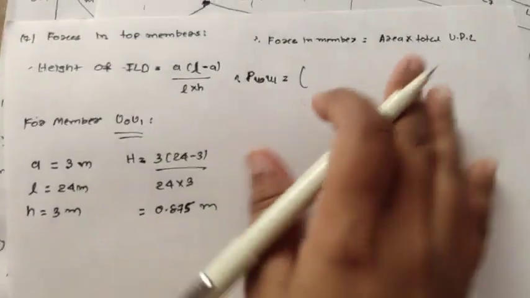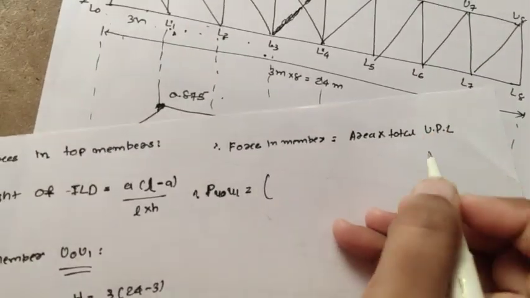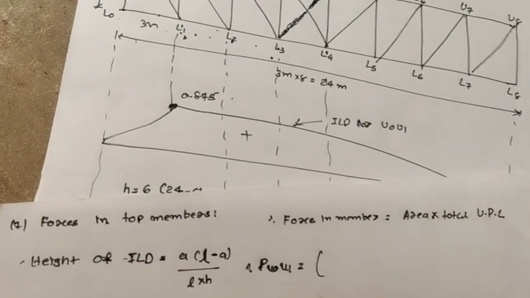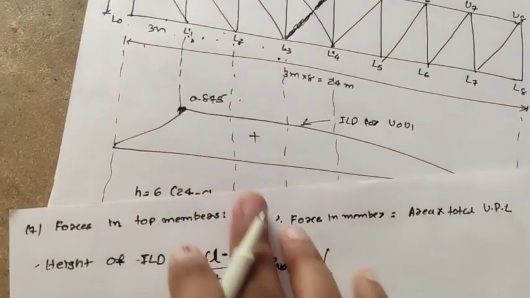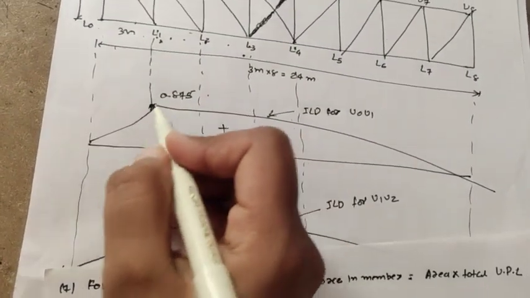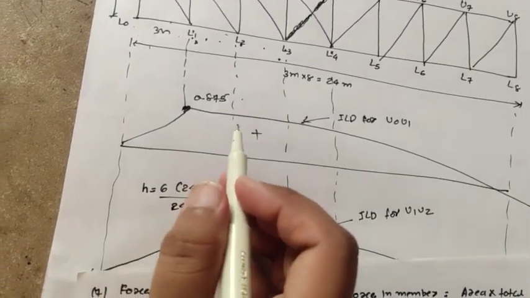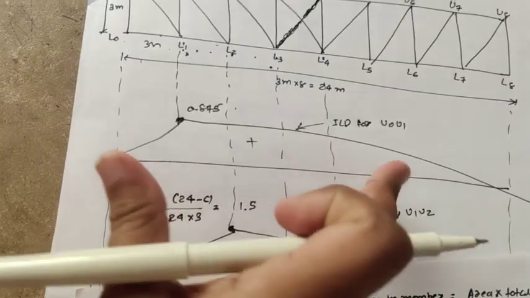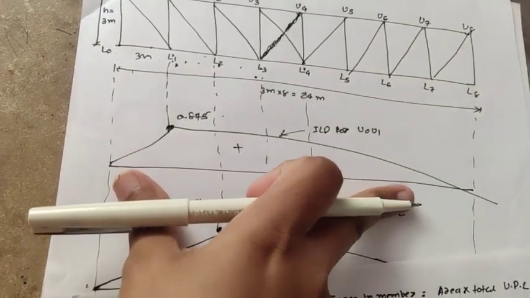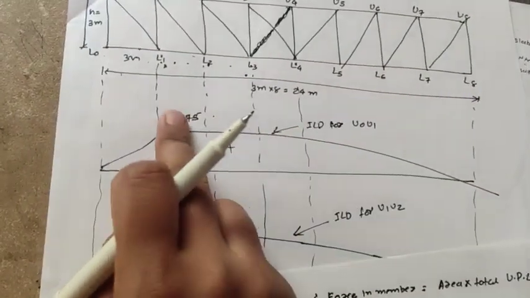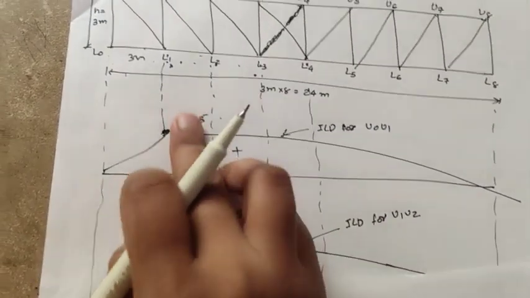Now we find the force, which is area multiplied by UDL, right? First we're talking about this element. As you can see, this is a triangle, so the area of a triangle is 1/2 B multiplied by H, right? So B means the total length of the truss, which is 24, multiplied by H, the height, which is already given.